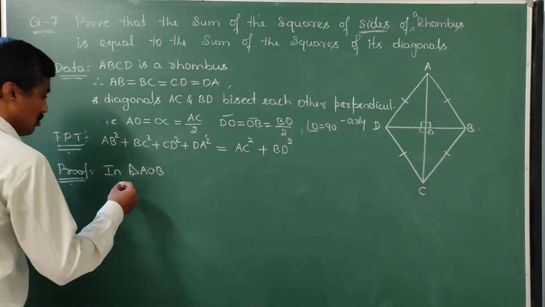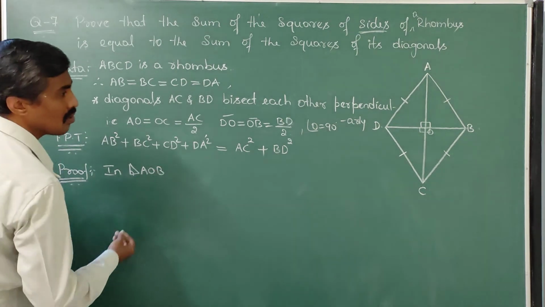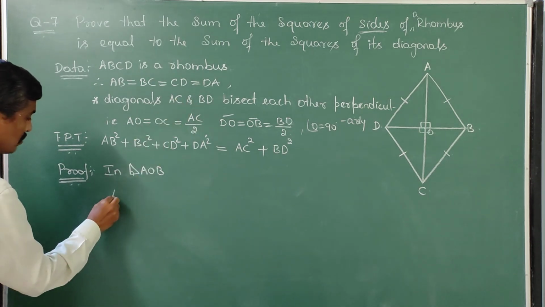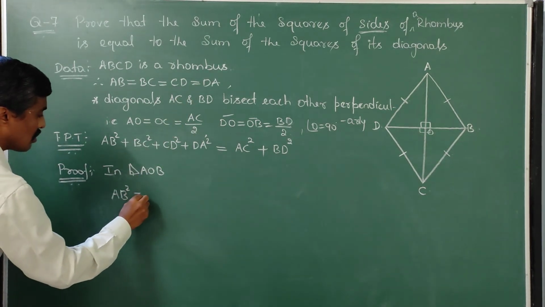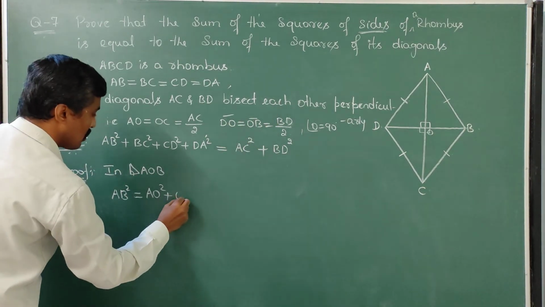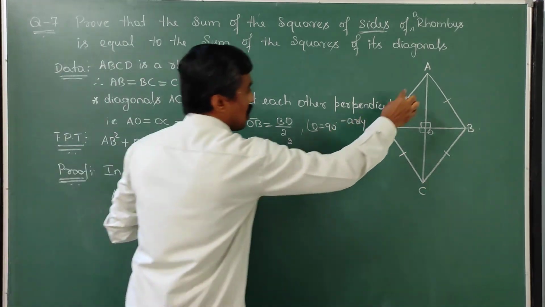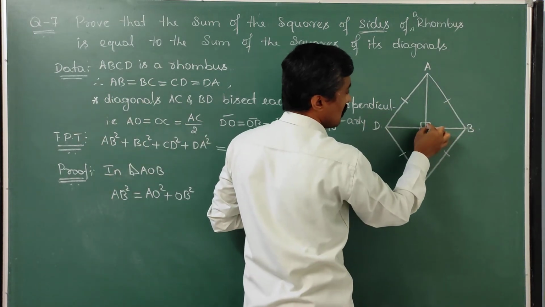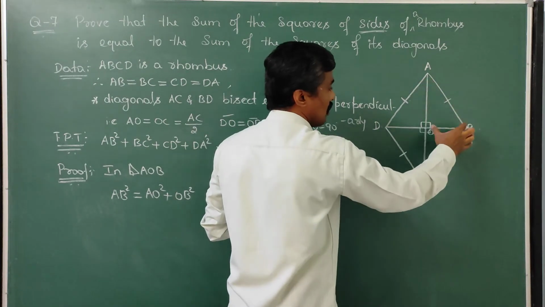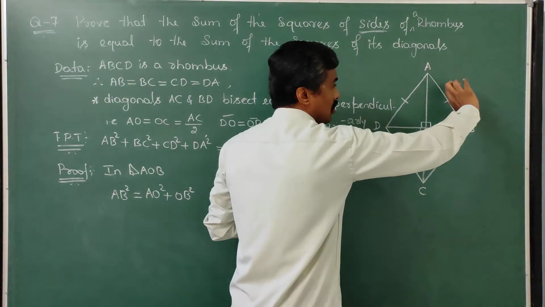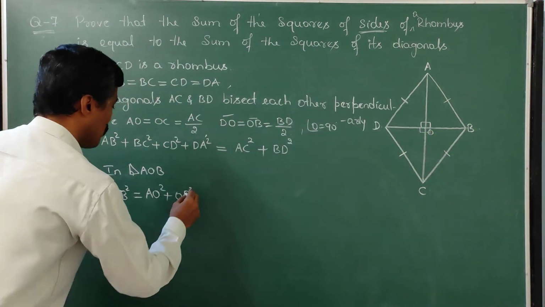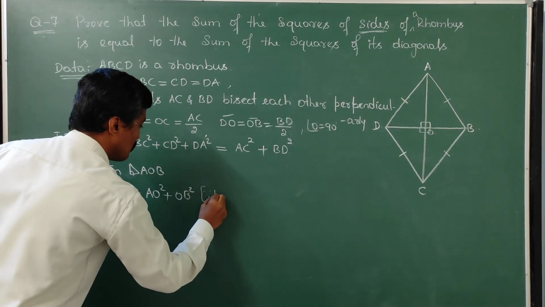Let me apply it for triangle AOB. Here the hypotenuse is AB. AB square is equal to AO square plus OB square, correct? In triangle AOB the angle is 90 degrees, its opposite side is AB, that is the hypotenuse, and AO and OB are the other sides. So according to the Pythagoras theorem, AB square is equal to AO square plus OB square.